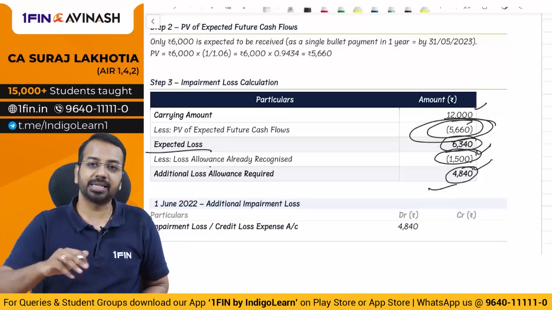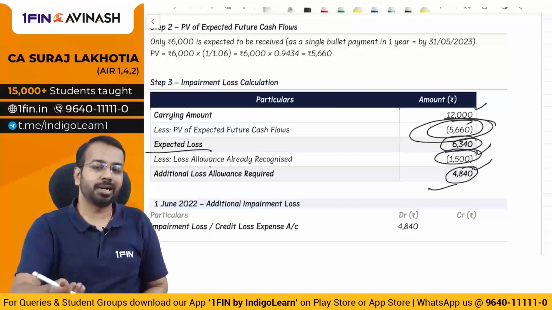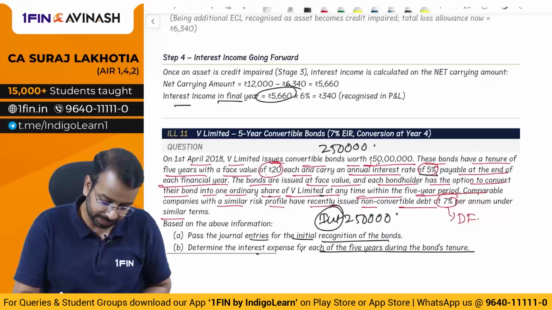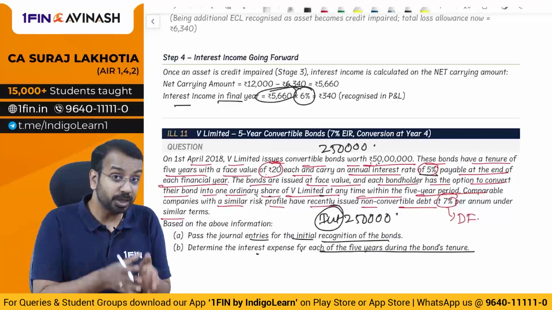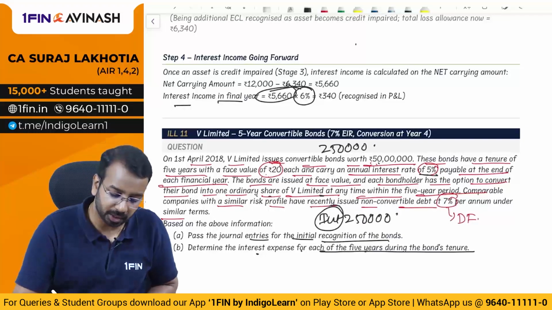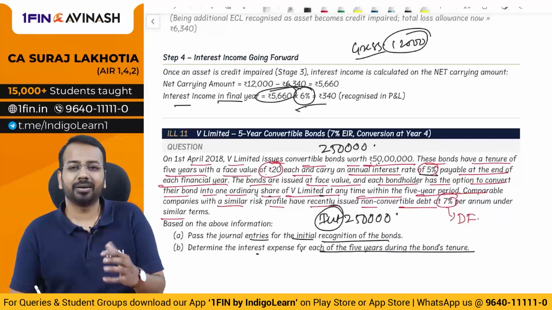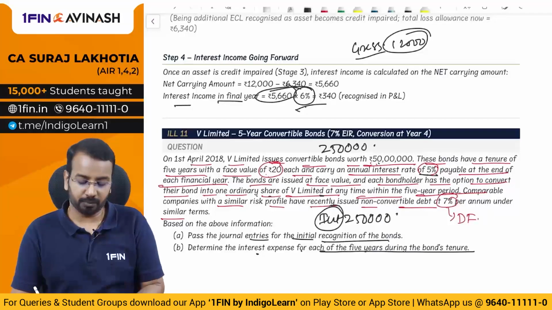On this 5660, we will calculate income in the future period. So interest income for the next year will be 5660 into 6%. If it was in stage 1 or stage 2, we would have taken the gross amount, that is 12,000 into 6%. Okay, there is a slight difference and it is not heavily tested, but still we need to know it.